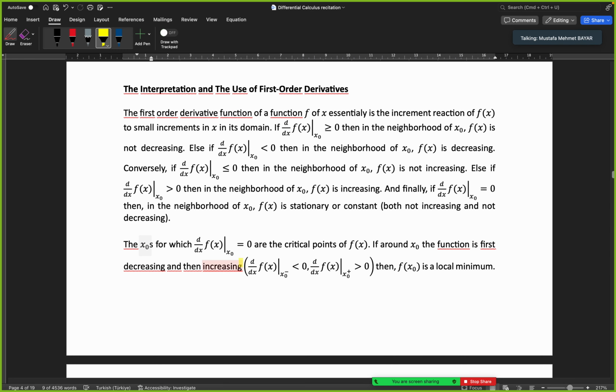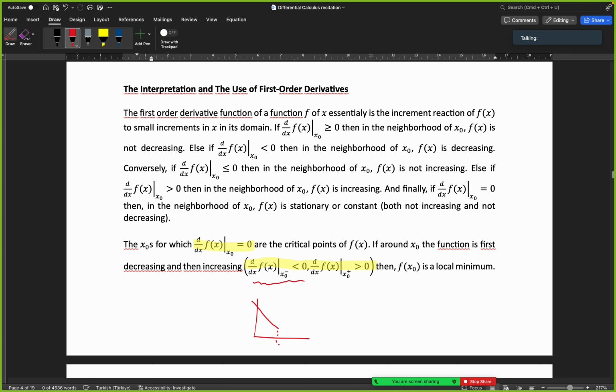On the other hand, let's assume that the function f is stationary around x0. And you have opposite signed first order partial derivatives around x0. Then your x0 is either a local minimum or a local maximum. So let's just illustrate this version. It tells me that f is decreasing when we approach x0 from the left.